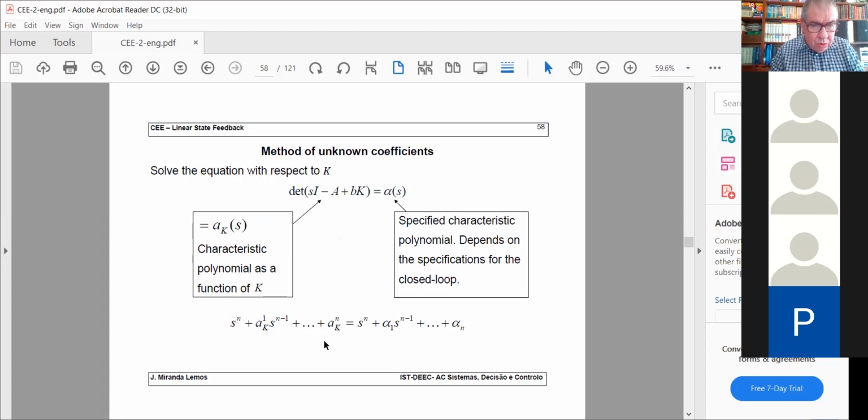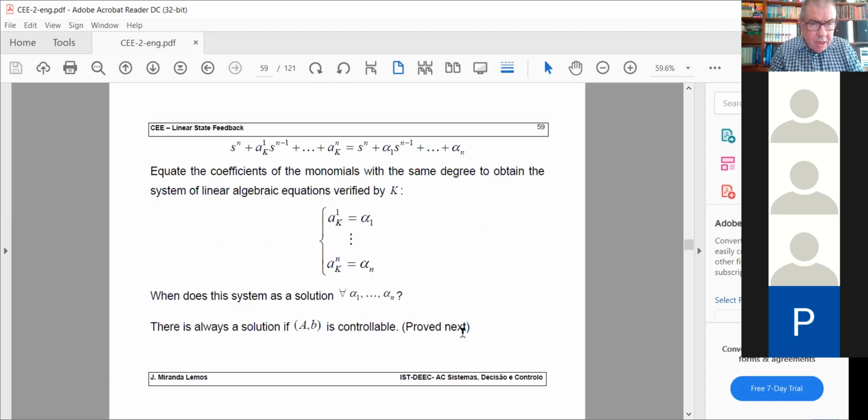So I'm going to equate A1K to alpha 1, A2K to alpha 2, etc., ANK to alpha n. And I get a system of equations. Remember that these coefficients depend on K.